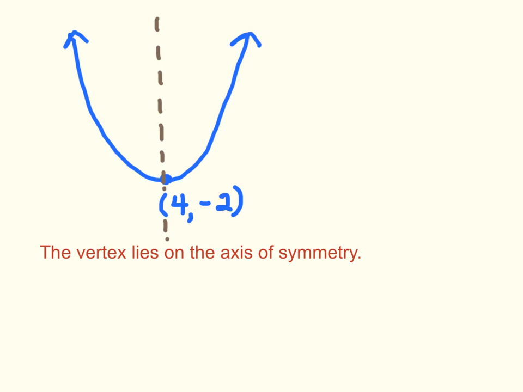The axis of symmetry has an equation. The equation is x is equal to 4 in this case. A vertical line has an equation. X is equal to whatever value of x that vertical line is going through.